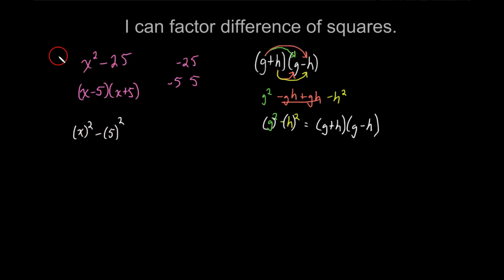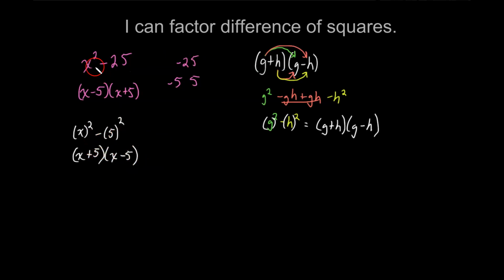We see that our g is our x and our h is our 5. So we could rewrite this using this formula as x plus 5 and x minus 5, without really needing to even look for factors of negative 25. And this would be maybe an easier method of doing that.